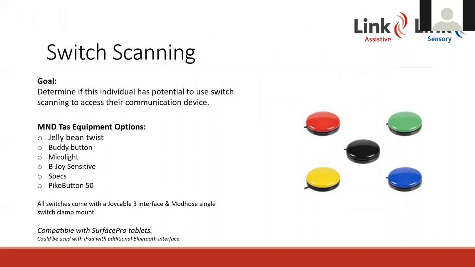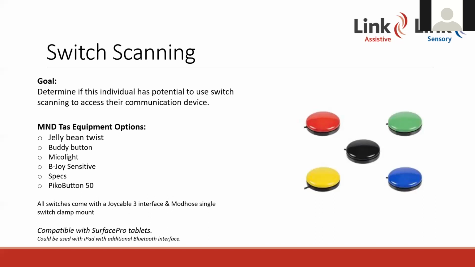We're waiting for the software to scan through our options, or we're having to physically scan through the options ourselves. It is much more inefficient and can be more fatiguing as well. But it is sometimes one of the only options available to somebody, in which case, of course, we pursue that. The MND TAS library has a number of different switches.